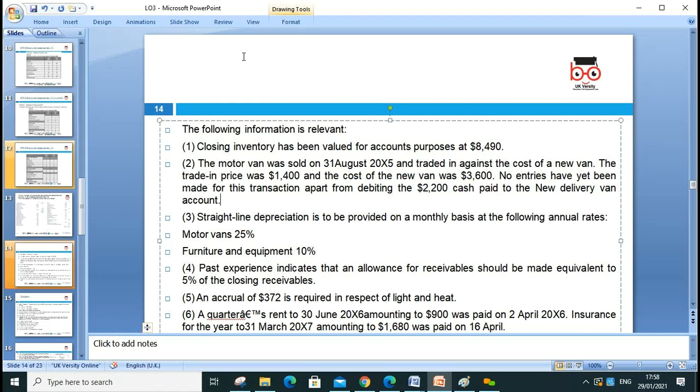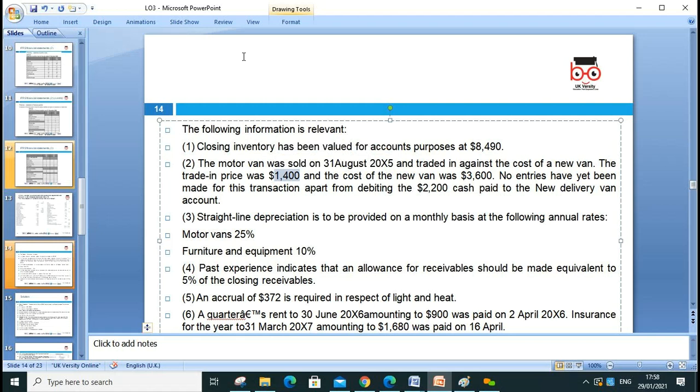Yes, because the van is an asset coming into the business. When an asset increases, we debit. We are paying cash, so cash will be credit, £2,200. Yes, credit, and we are giving the old car as well, which is £1,400. So that makes the total. Any question?